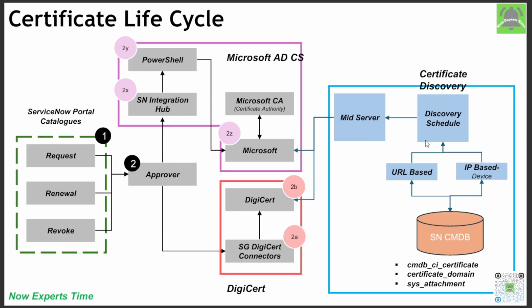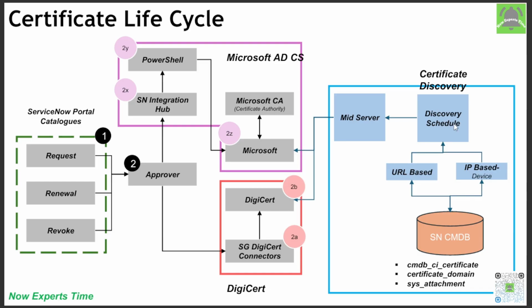Next, you need to define the discovery schedule. In this discovery schedule, when I highlight the discovery type, you need to select certificate or serverless. There are two things there. Anyway, we are going to see those demos in our videos as well.